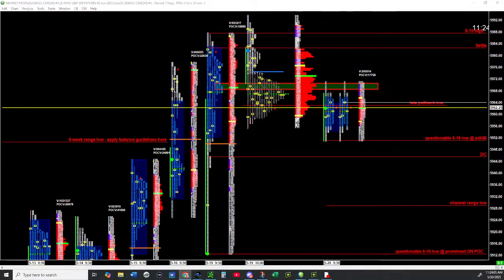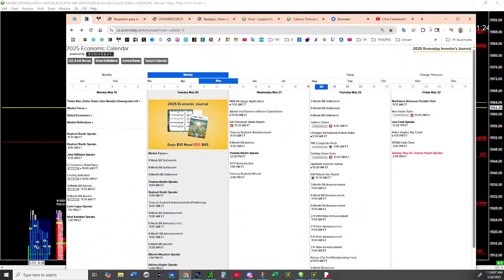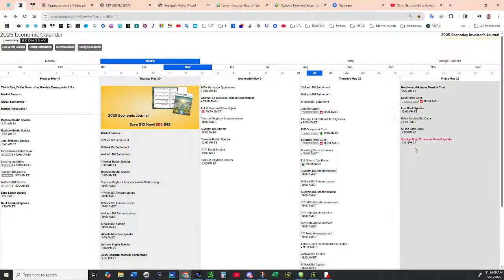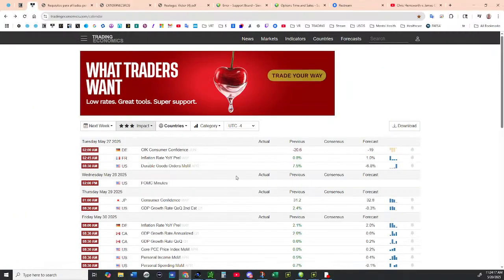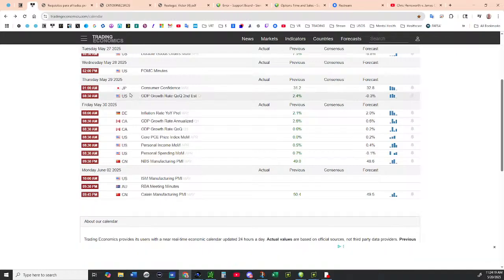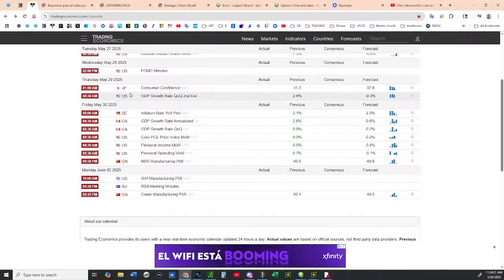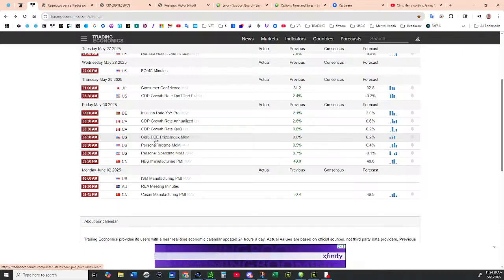what do we have for next week? We have Chairman Powell speaking on Sunday here at 2:40 p.m. There may be something out of this, but next week we have GDP, which can be an important piece of information on Thursday, and PCE.